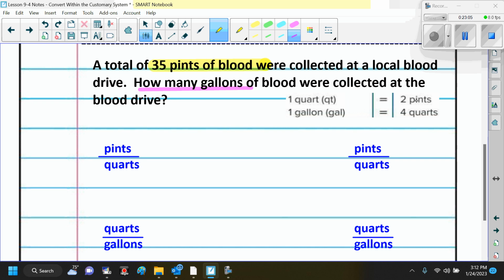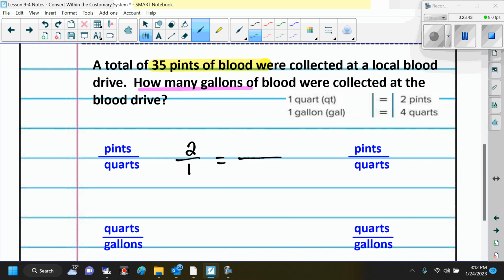What is my original ratio from that chart for pints to quarts? Right. Two pints equals 1 quart. So where does 1 go and where does 2 go? It's going to be 2 pints to 1 quart. Is everybody clear with that?